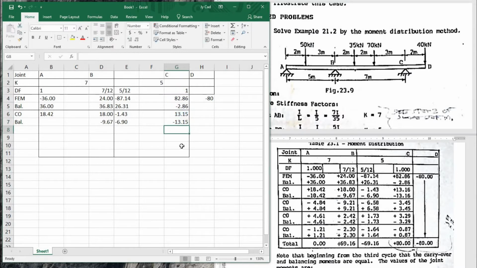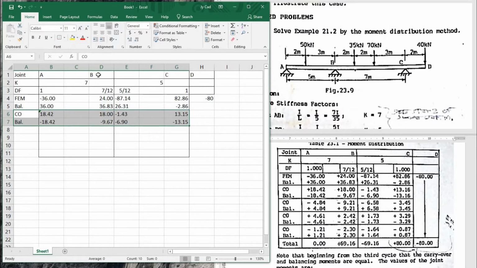It is simply the negative of the moment above, which is, ayan. Okay? So, you just simply multiply the above moment by negative 1. Next, dito sa A, you have equal sign, negative, click mo lang yan. So, we're done with the second cycle.